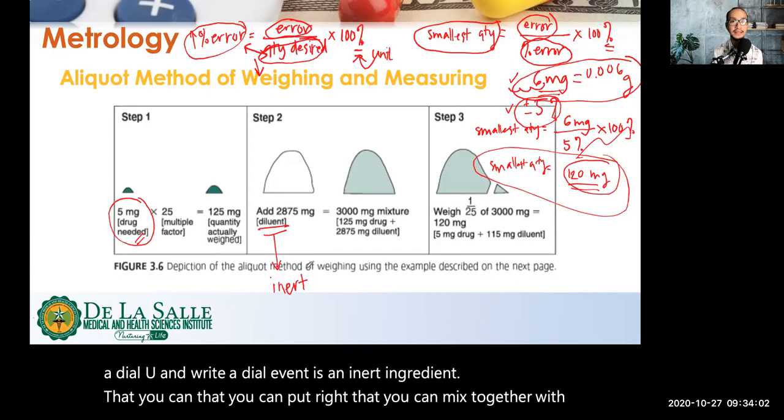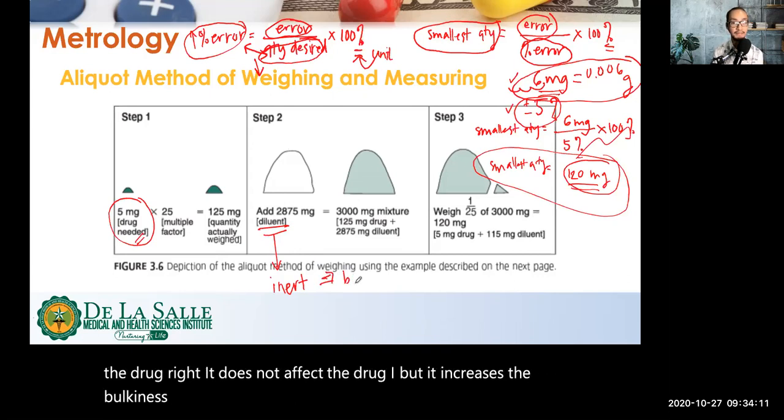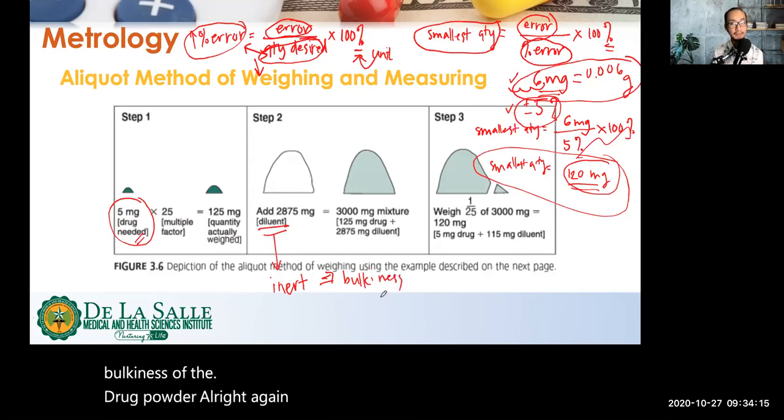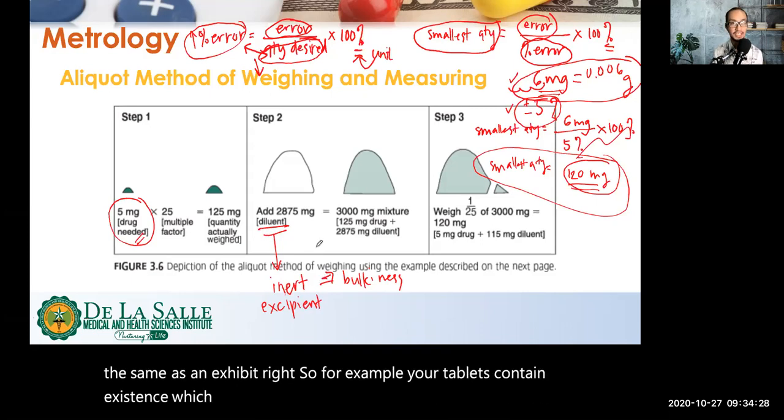It does not affect the drug, but it increases the bulkiness of the drug powder. In pharmaceutical terminology, it is the same as an excipient. For example, your tablets contain excipients, which are inert ingredients added to the drug.